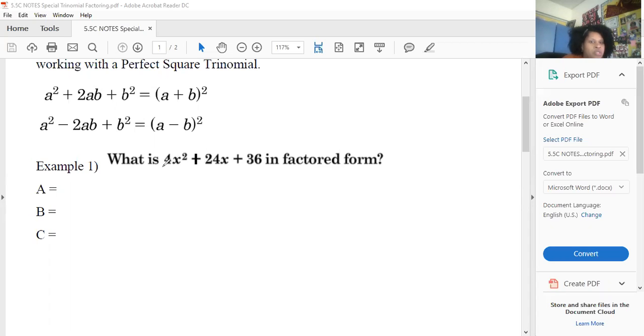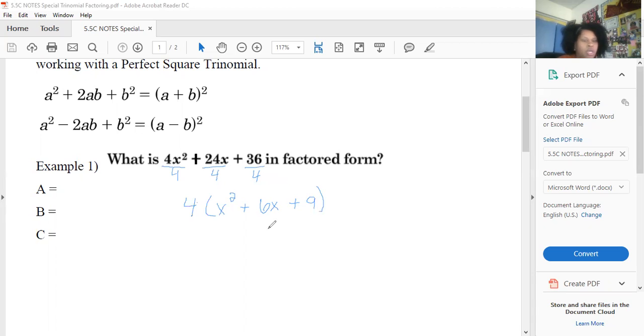So before I start, I want to factor out a 4 and rewrite this as a 4, and then 4 divided by 4 is an x squared, 24 divided by 4 is a 6x, and then 36 divided by 4 is a 9.